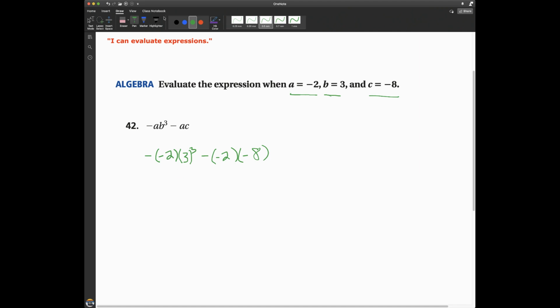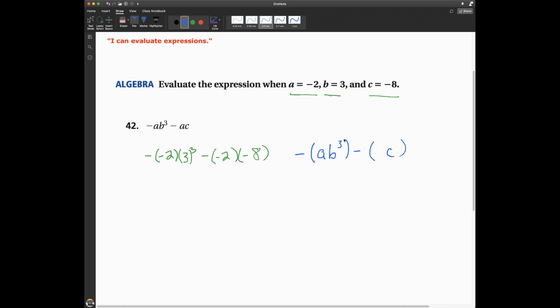Here's another way we could write this. There's more than one way to do this problem. One is, let me put this negative sign out here, and let me write it like this: A times B to the third power minus, and then I have A times C. That looks like a 9 instead of an A, right? Let's fix that.